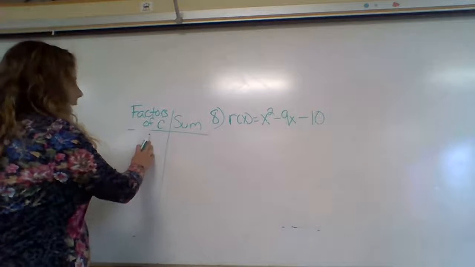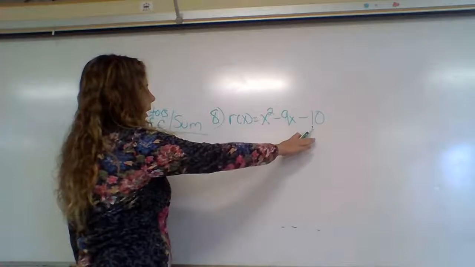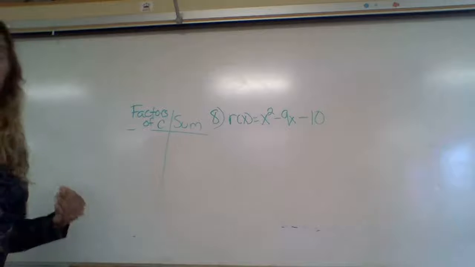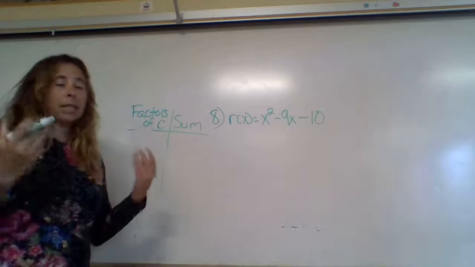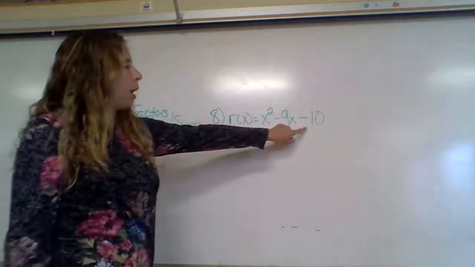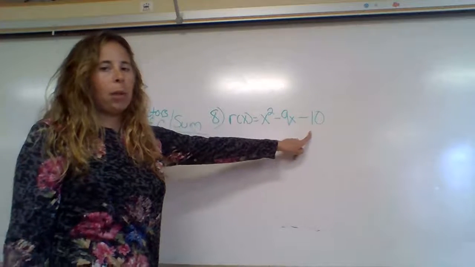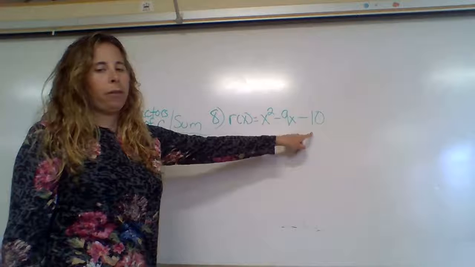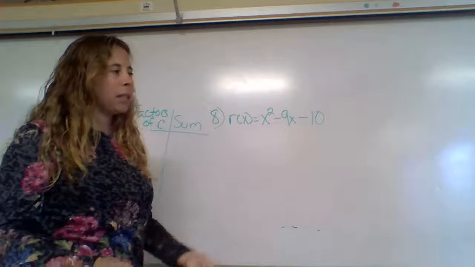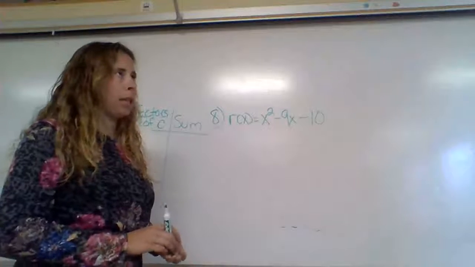Factors of c, which is -10, that add up to -9. Let's think about this for a second before I start. My numbers have to multiply to equal a negative number. A positive times a positive is a positive.